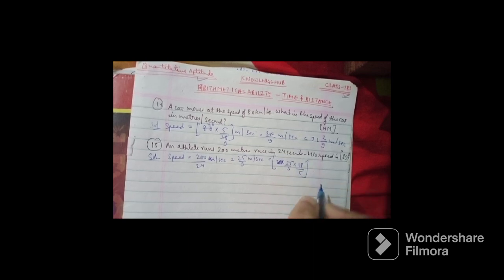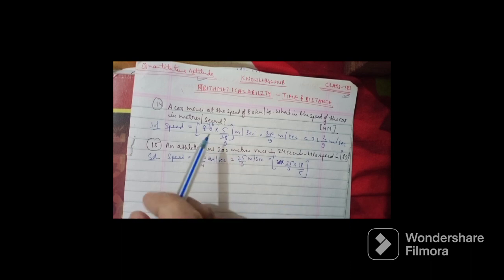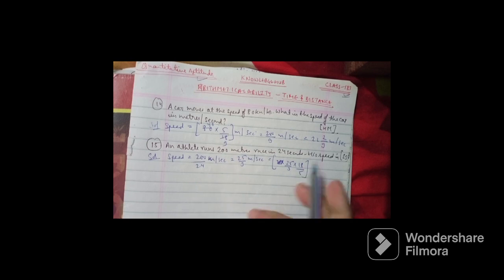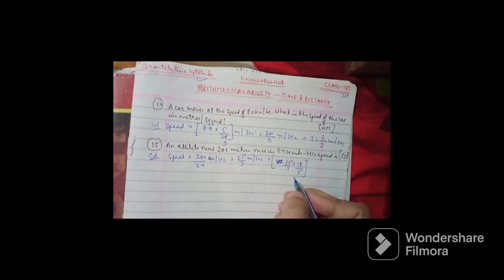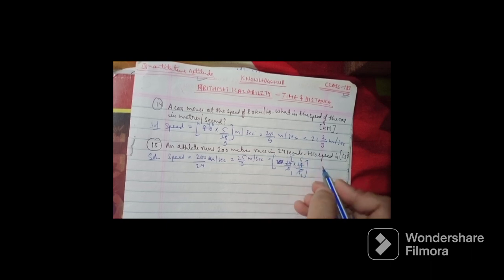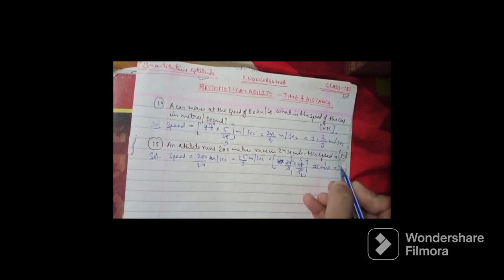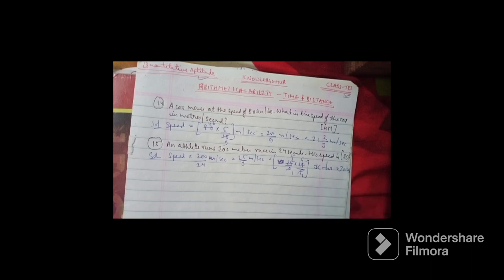We have to complete it in kilometer per hour, and in the same way, this is your meter per second, so it is multiplied by 18 by 5. It is the reverse process, so we multiply by the opposite one. 5 ones are 5, 5 5s are 25, 3 ones are 3, and 3 6s are 18, so 6 5s are 30. It is in kilometer per hour, which is 30 kilometer per hour.